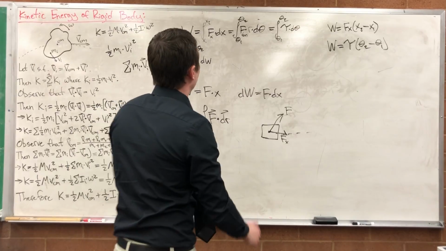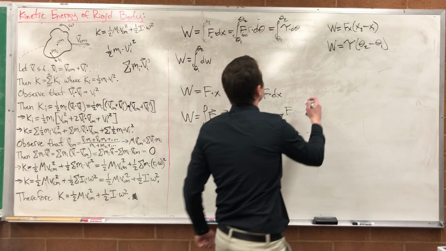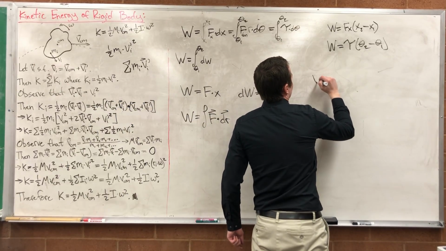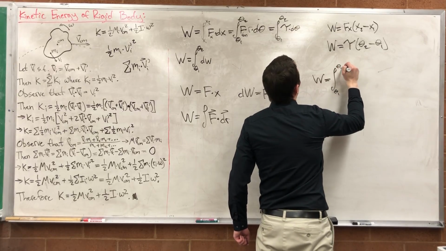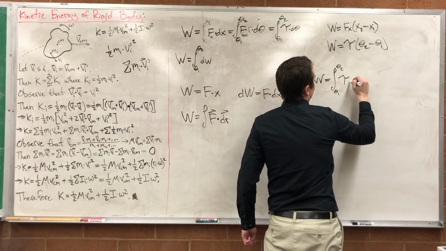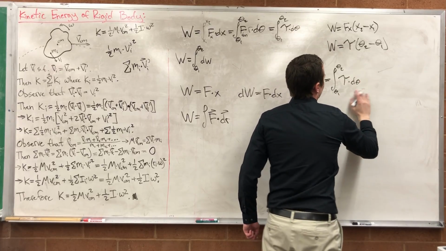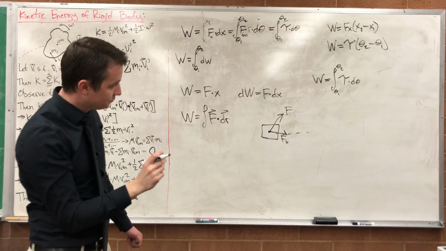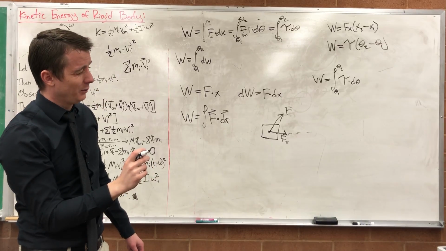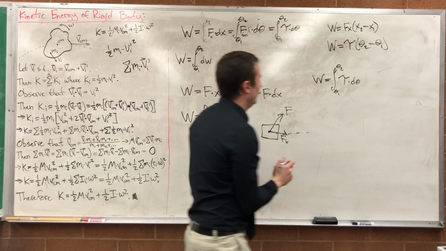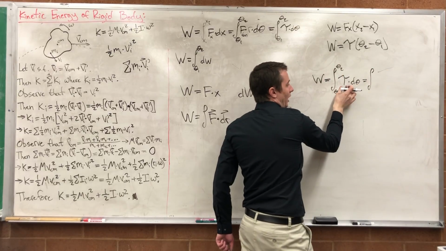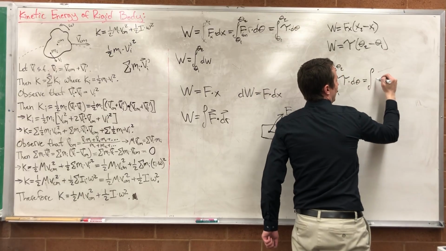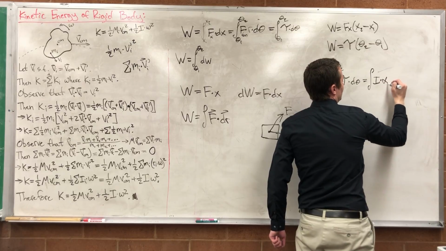Alright, let's see if I can come up with the other way that we're going to represent this integral. So I know that work is going to be equal to the integral from theta 1 to theta 2 of tau times d theta. Tau, we also know that we can write as a moment of inertia times alpha. We already proved that, right?